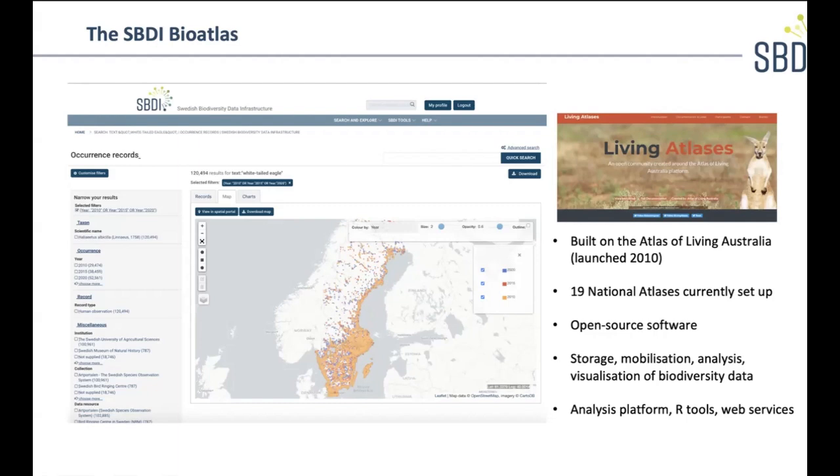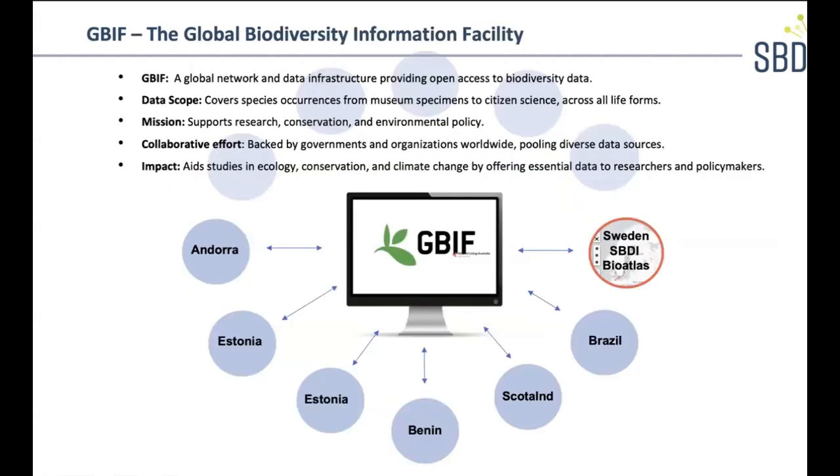And the nice thing is that these national hubs of databases are not isolated, but they're joined into something called the GBIF. GBIF is the Global Biodiversity Information Facility, and it is sponsored by many governments around the world. It's similar to the SBDI and the BioAtlas in that it gathers all types of biodiversity data, but it harvests data from these national hubs.